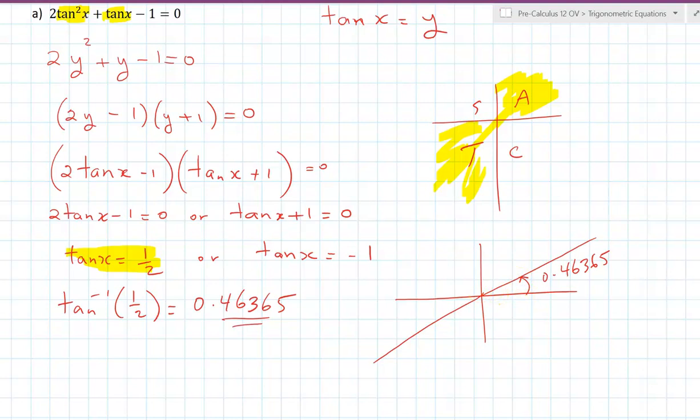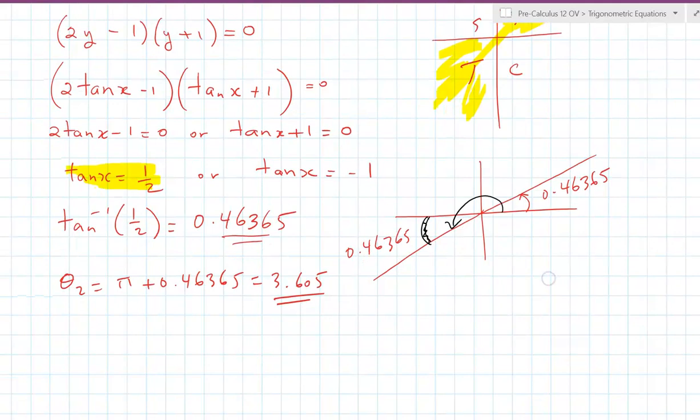The next one has to be in quadrant 3, but it has the same reference angle as 0.46365. So how would you get that angle for theta 2? Theta 2 will end up being pi plus 0.46365, and that will give you 3.605. Okay, those are the two angles we just got.